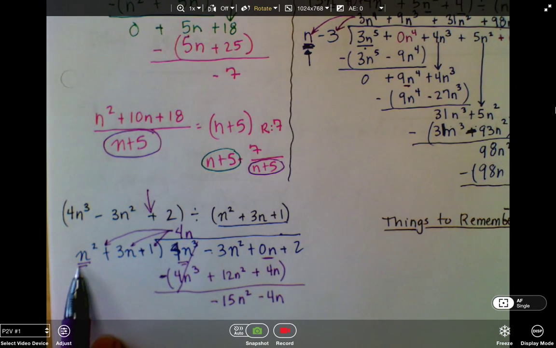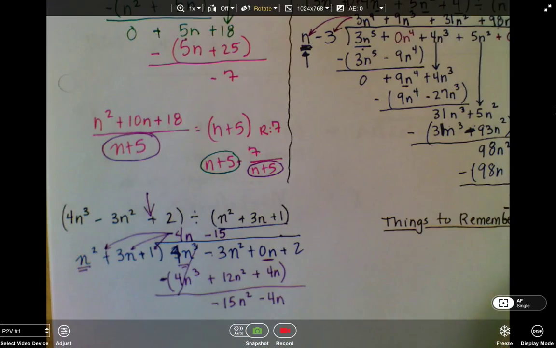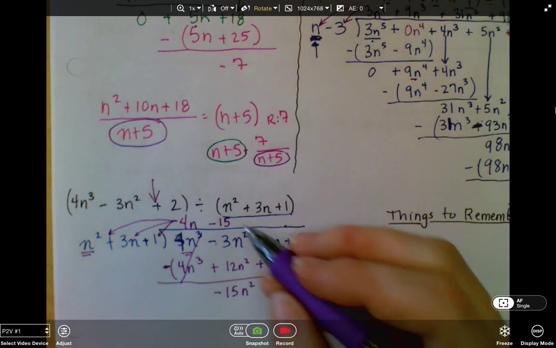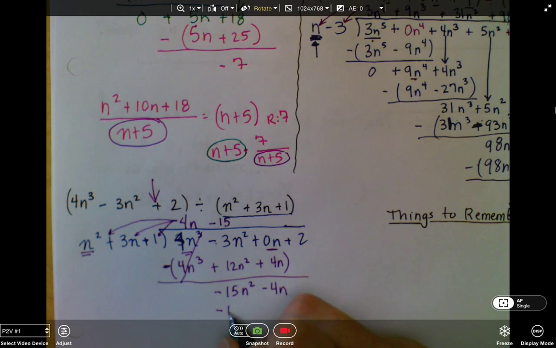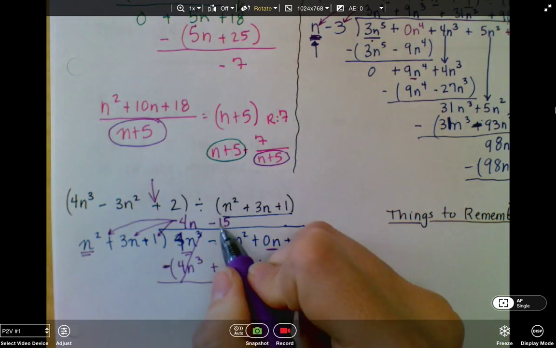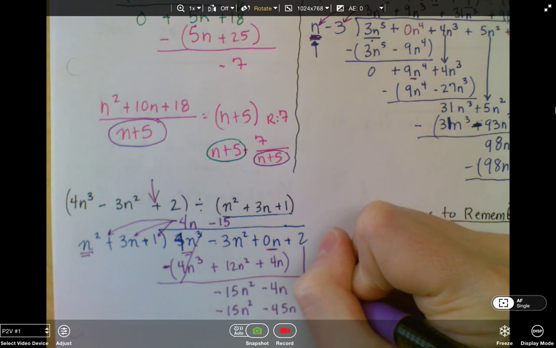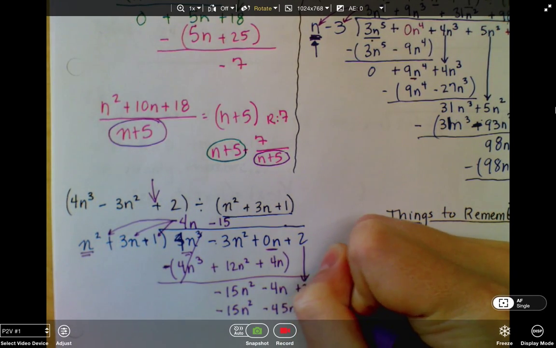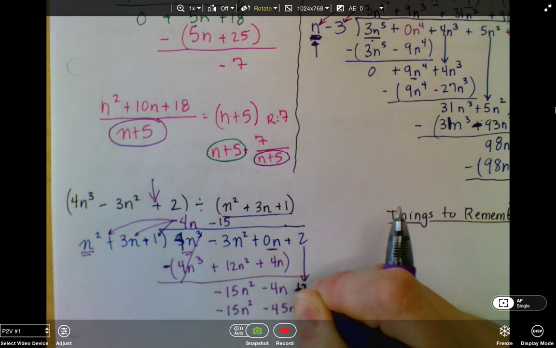How many times does n squared go into negative 15n squared? It goes in negative 15 times. We're just looking for common factor there. Then we multiply through, and we get negative 15n squared, and then negative 15 times positive 3 gives us negative 45n. Here's our plus 2 from dropping our term.